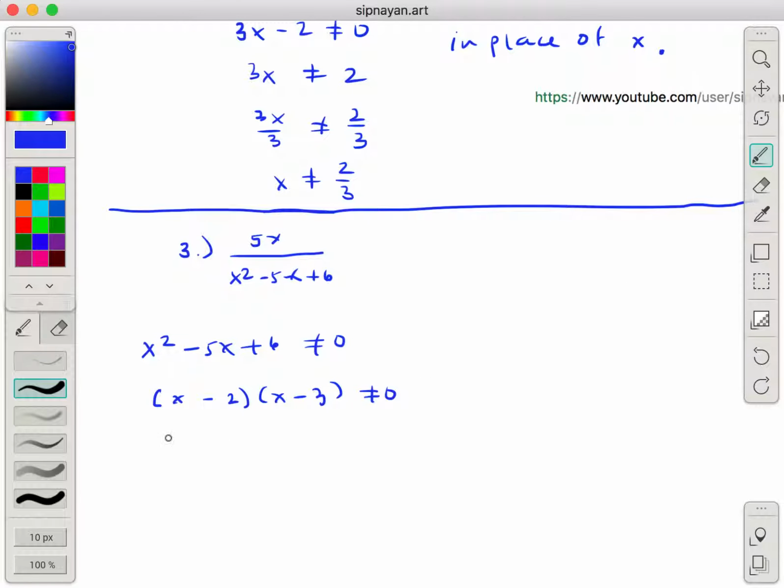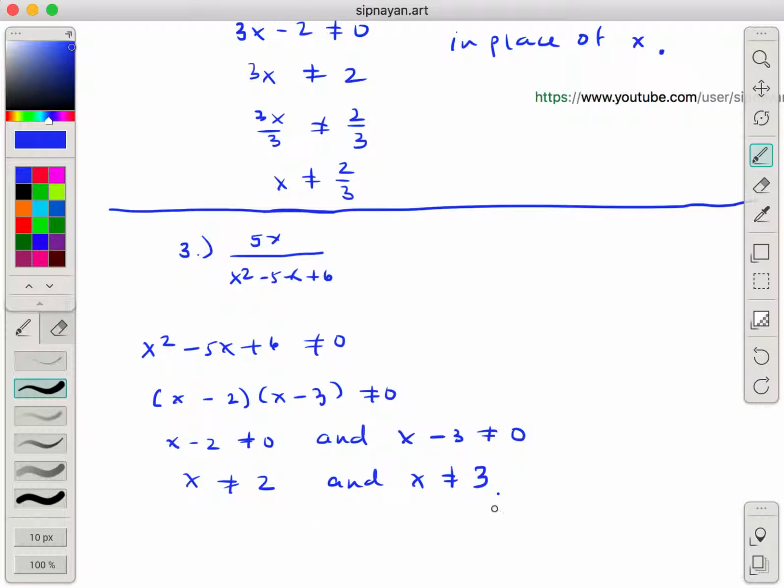If even just one of them becomes 0, the expression becomes 0, because 0 times a number is always 0. So, both of them must not be 0. x minus 2 must not equal 0 and x minus 3 is not equal to 0, meaning x is not equal to 2. Add 2 to both sides, so we have x left here. 0 plus 2 is 2. And x must not equal 3.